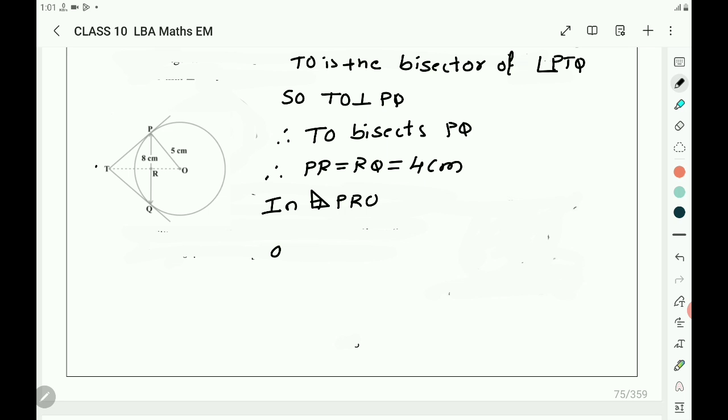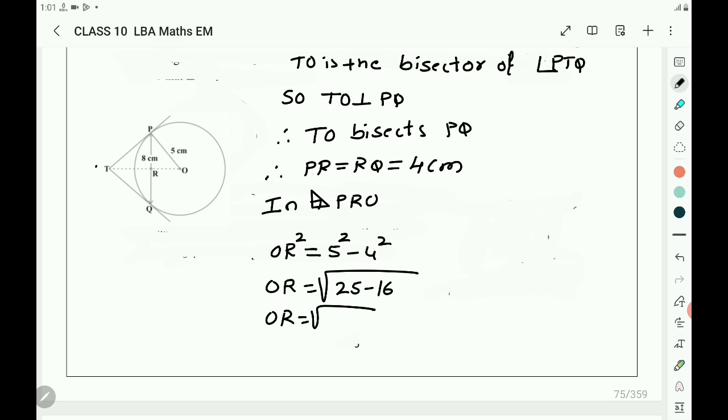OR square is to be found. OR square is equal to PO square minus PR square, that is 5 square minus 4 square. OR is equal to the square root of 25 minus 16, which is 9, equals 3 centimeter.